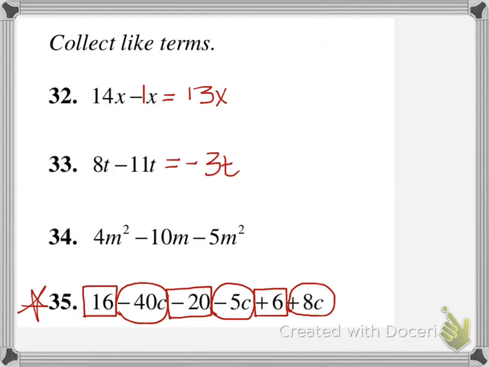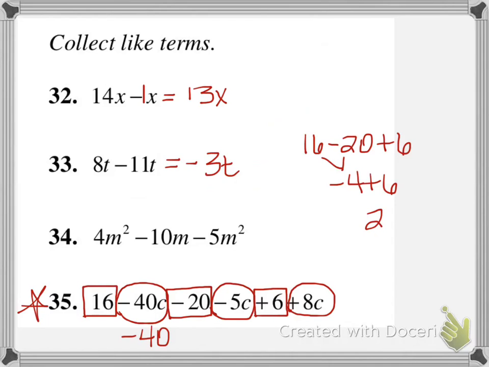So I have 16, negative 20, and 6. So let's see here. That's going to give me negative 4 plus 6, which gives me 2. And then when I look at my c's, I have negative 40c, negative 5c, and 8c.